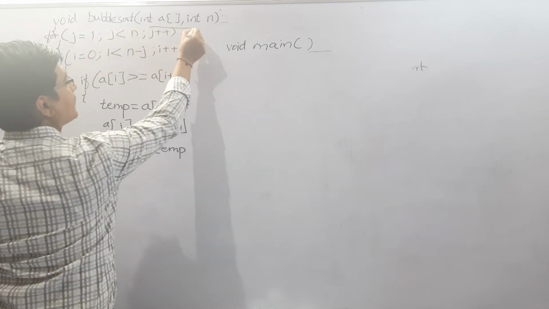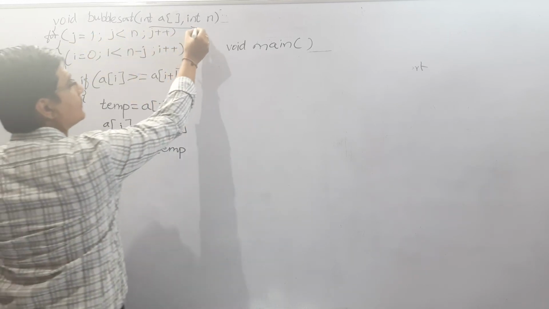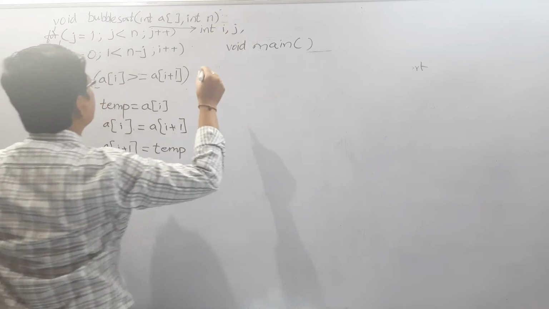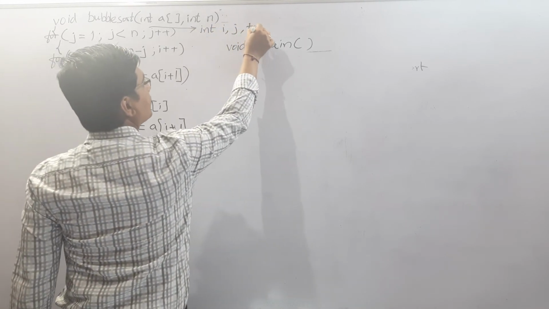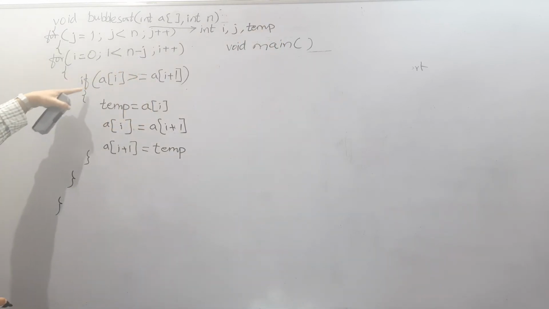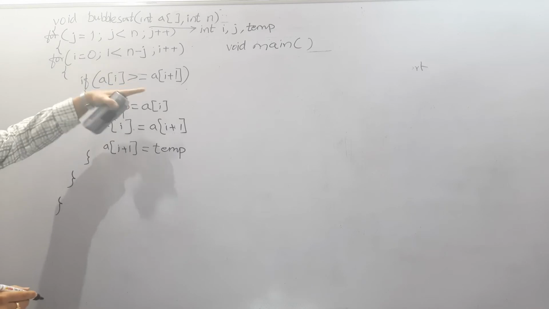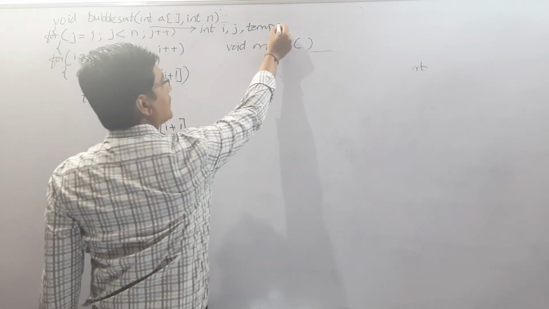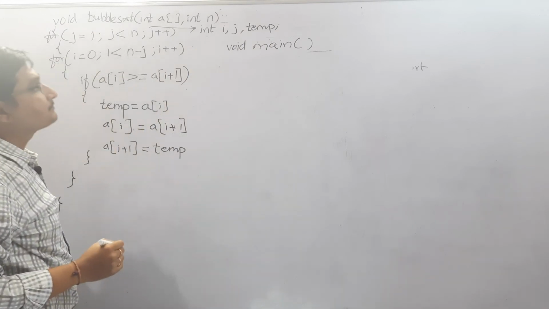I hope you can declare it here: int I, j, temp. What are the other variables? A of I is passed, n is also passed. Okay, no other temporary variables are required.